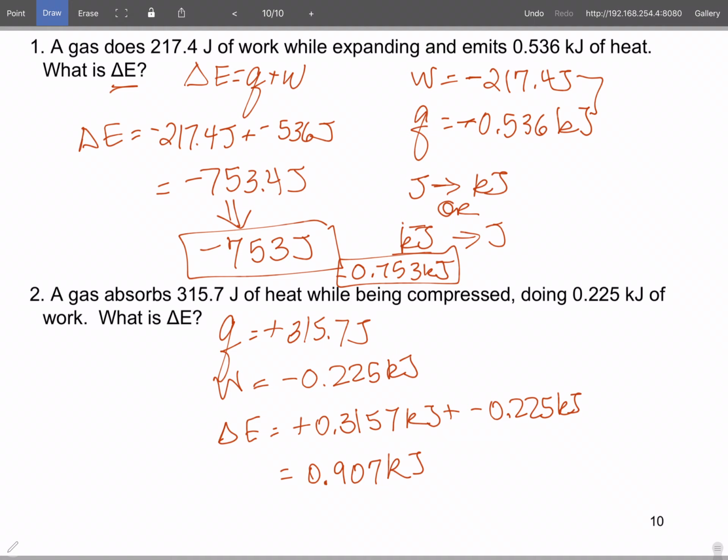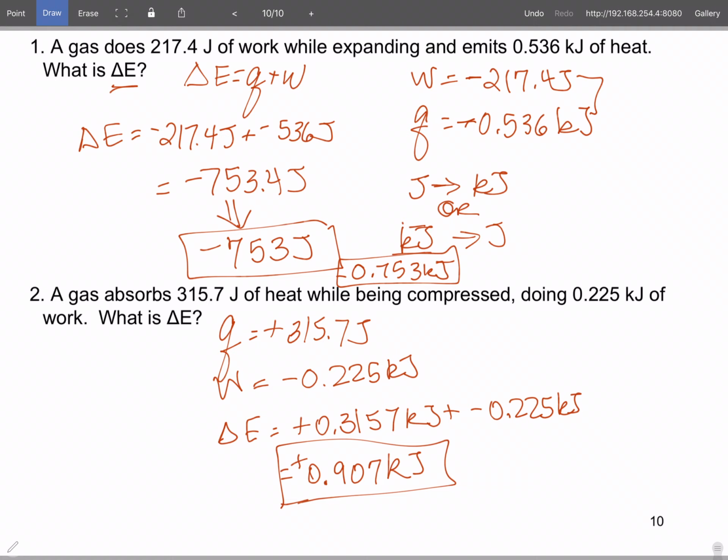Why does that not look right? Oh, and it's going to be positive. So we'll have this many kilojoules as we go. Okay? So the bottom line is, do we have to put the positive in? Yes. No. Okay.